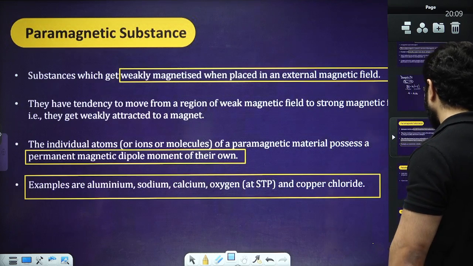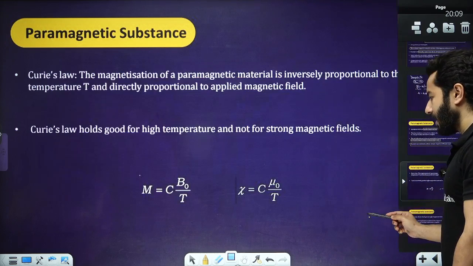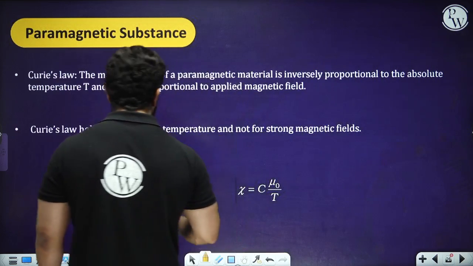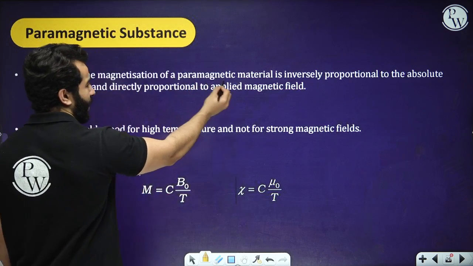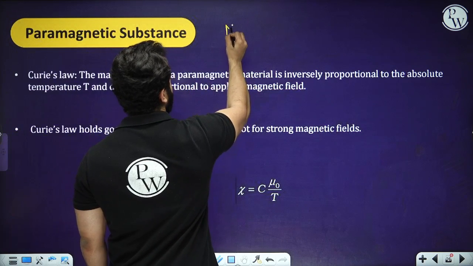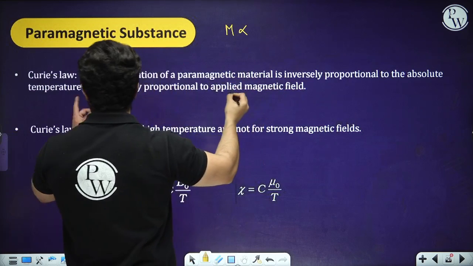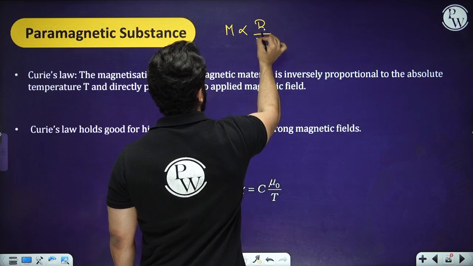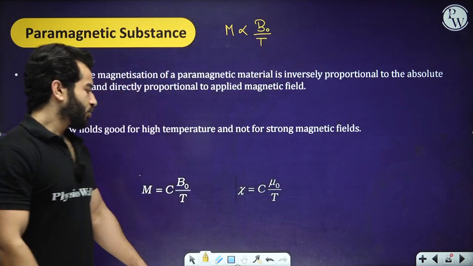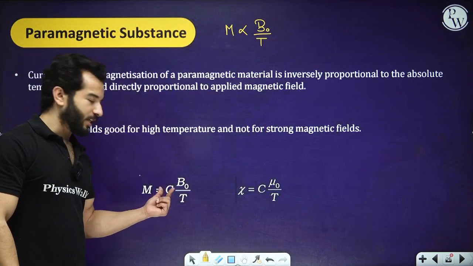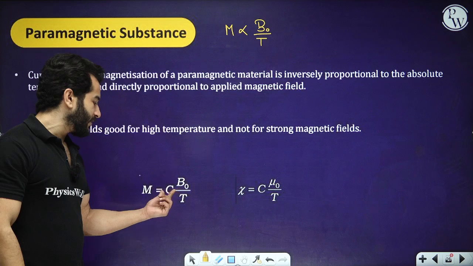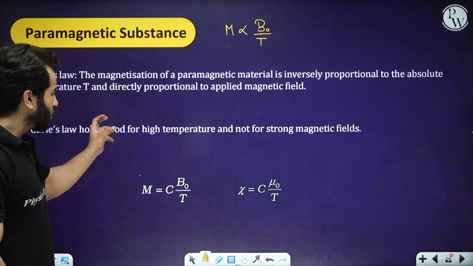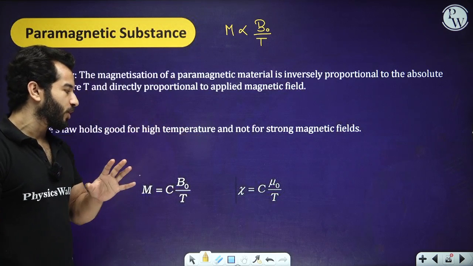Now what we are going to see is an important law, which is Curie's law. Curie's law basically says that magnetization of a paramagnetic material is inversely proportional to the temperature and directly proportional to the applied magnetic field. So C is going to be a constant. So M will be equal to C B naught by T, where C is Curie's constant. Curie's law holds good for high temperature and not for strong magnetic fields, right?